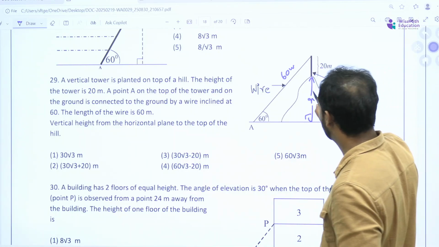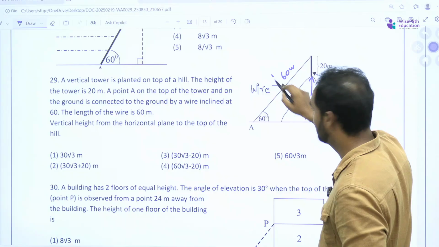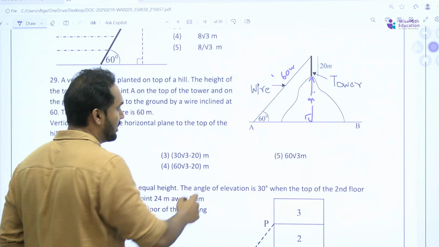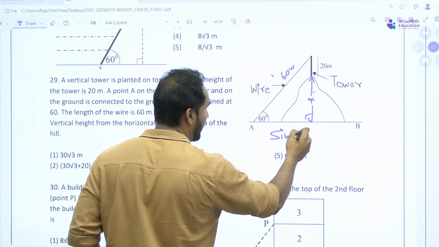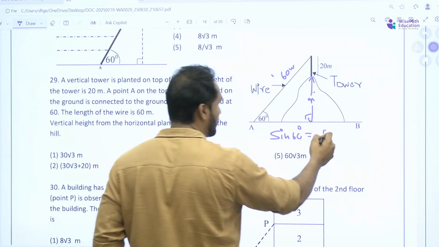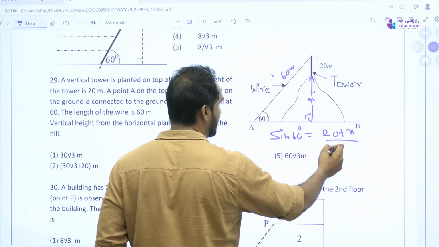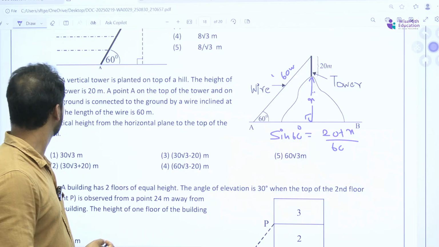These are the two values that we know, opposite and the hypotenuse, so it is sine. So sine 60 equals, opposite is 20 plus x and the hypotenuse is 60.